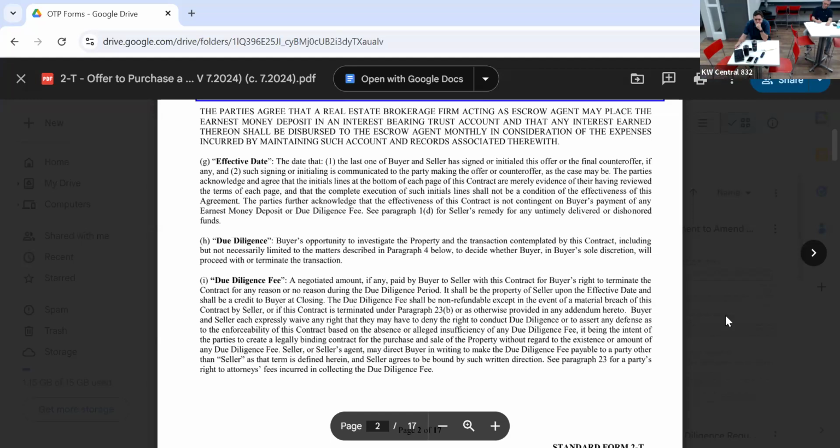We've got a situation right now where the buyer asked for their due diligence money back, and the seller was like, well, why would I do that? You decided not to buy the house because of the inspections. The buyer is alleging that the seller knew about some issues in the crawl space.